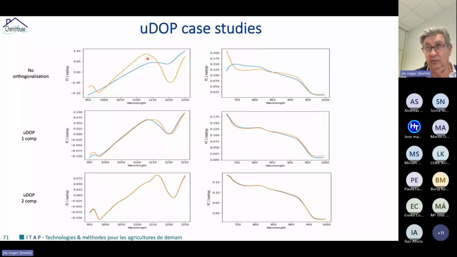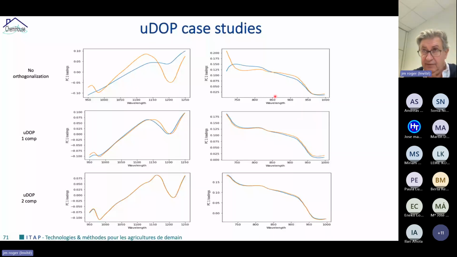We can see that the domains are completely different because the loadings of the PCA computed on each domain are very different. And after applying UDOP, we can see that after one component, the mean spectra are aligned better, and after 2 components, they are completely aligned. And more or less the same for the pears.